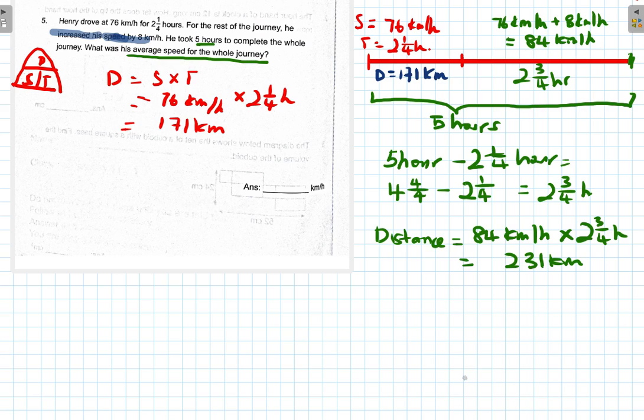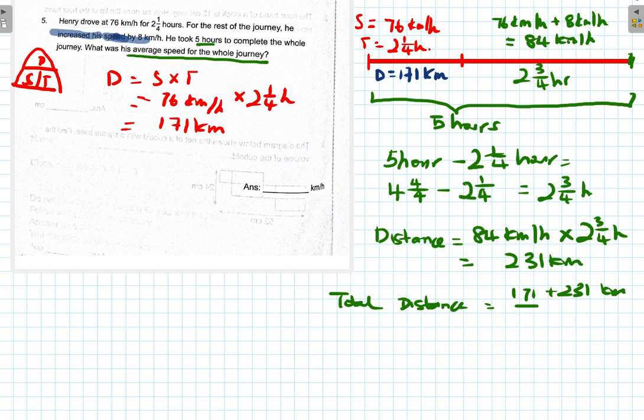Average speed of the whole journey is the total distance divided by total time. Total distance in this case equals to 171 plus 231 kilometer. Correct or not?